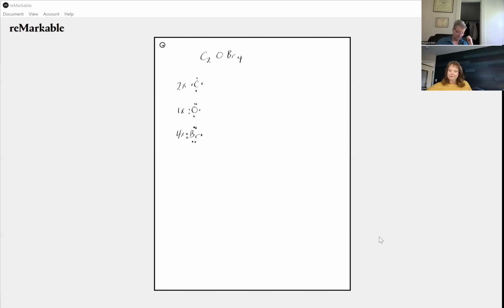Bromine is the last thing we're going to add. So where do you want to start? Carbon? Start with carbon.